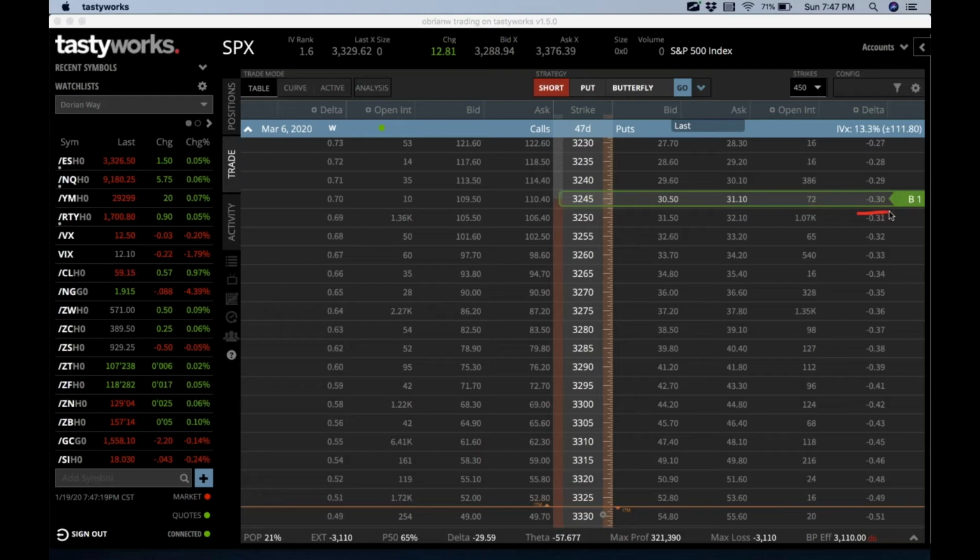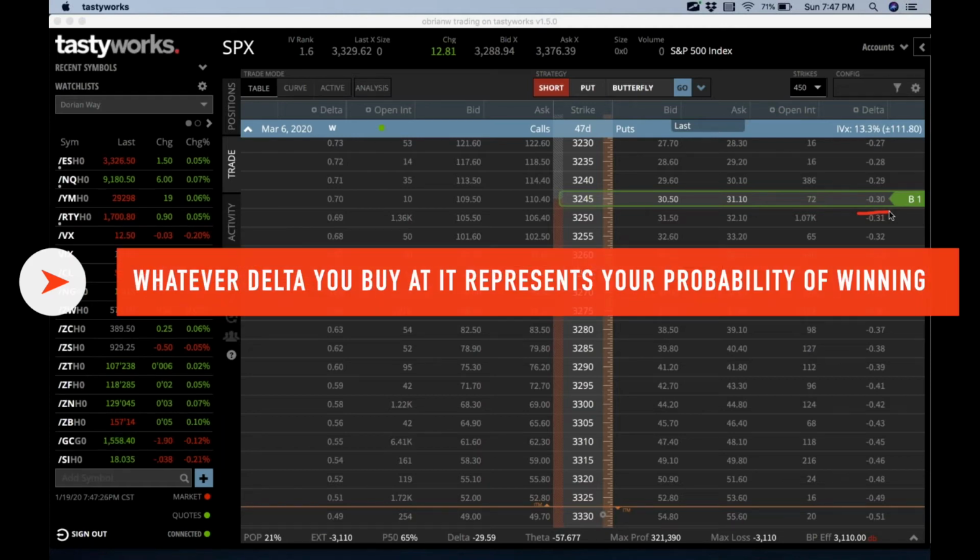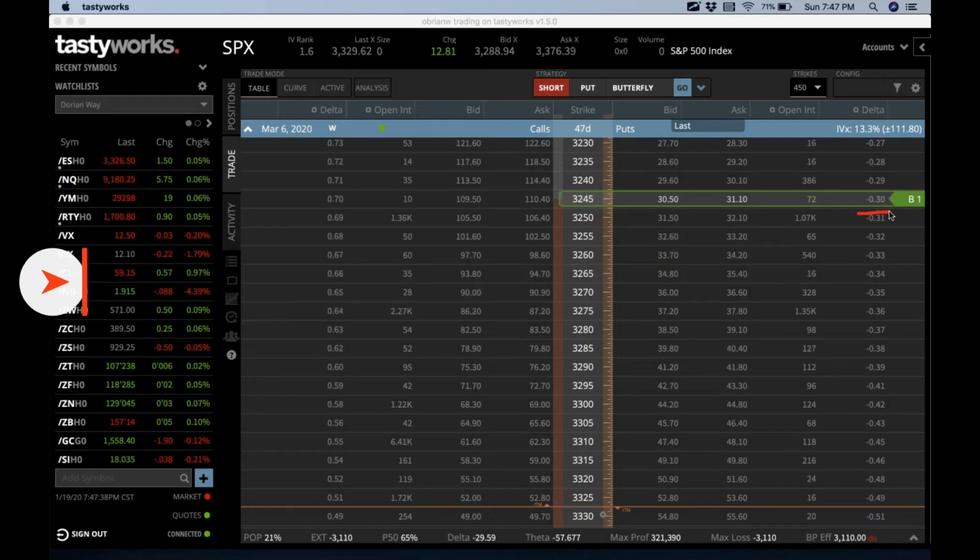So when you buy an option, whatever that delta is, that is your probability of success when it's out of the money. So if you buy a 30 delta option, then your probability of success is 30%. Okay, you have a 30% chance of making at least 1 cent at expiration.